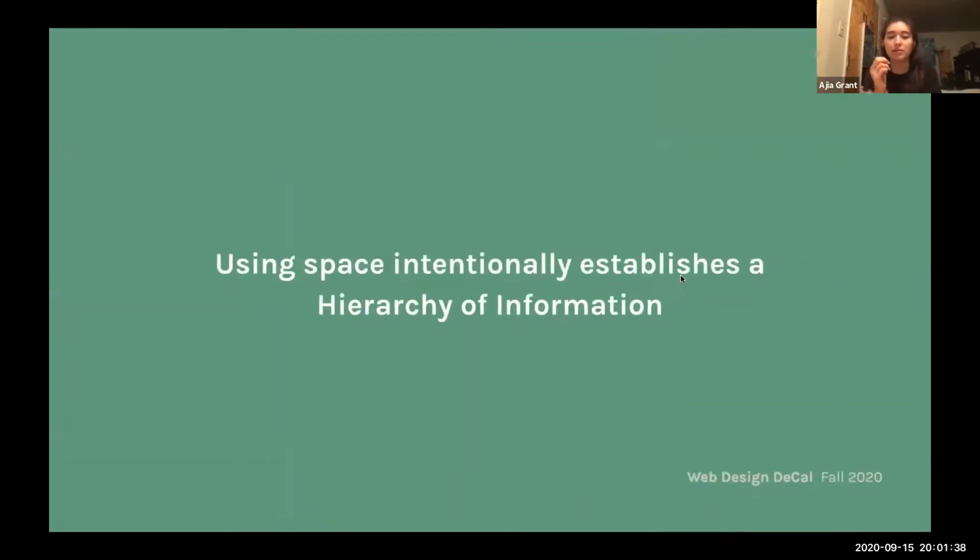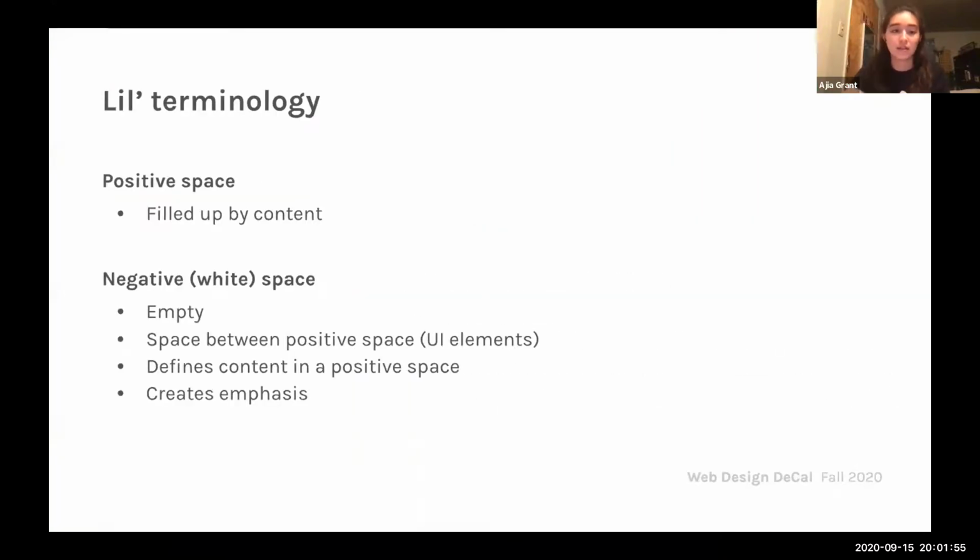So using space intentionally establishes a hierarchy of information, kind of as Juliana mentioned. You will understand what is important at different levels, and we'll go into how to do that in a second. So a little bit of terminology.